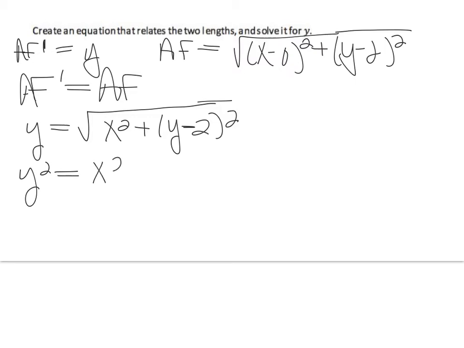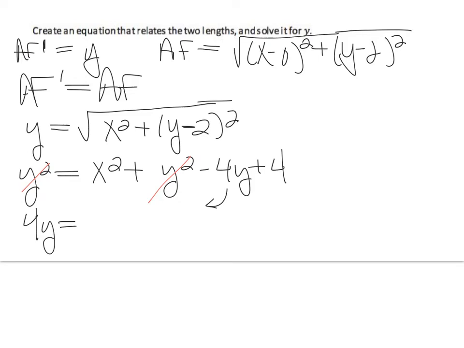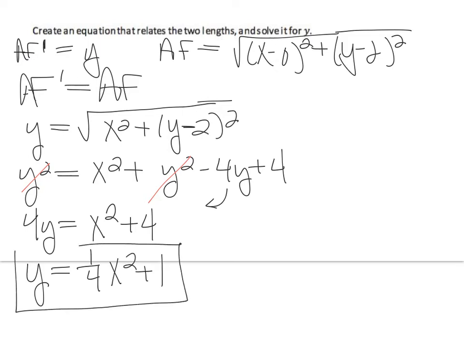Y squared equals x squared plus, and I'm going to FOIL that binomial, y squared minus 4y plus 4. Luckily, those y squared terms cancel out. I'm going to move that to the other side. I have 4y equals x squared plus 4. Y equals 1/4 x squared plus 1. I have an equation that represents my parabola, which is very cool.